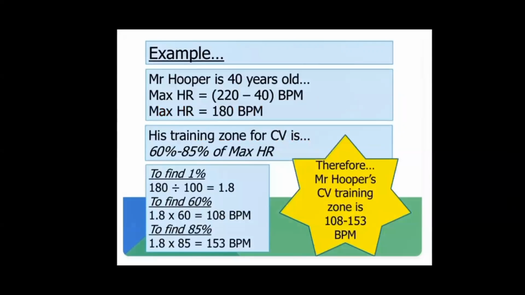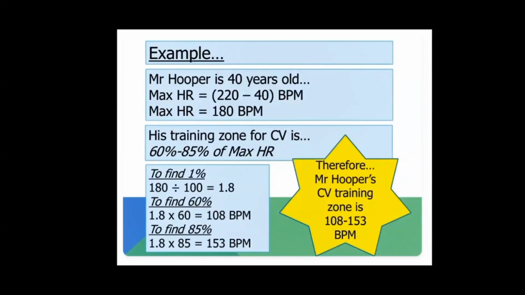Example: Mr. Hooper is 40 years old. His max heart rate is 220 minus his age of 40 years, which gives 180 beats per minute.